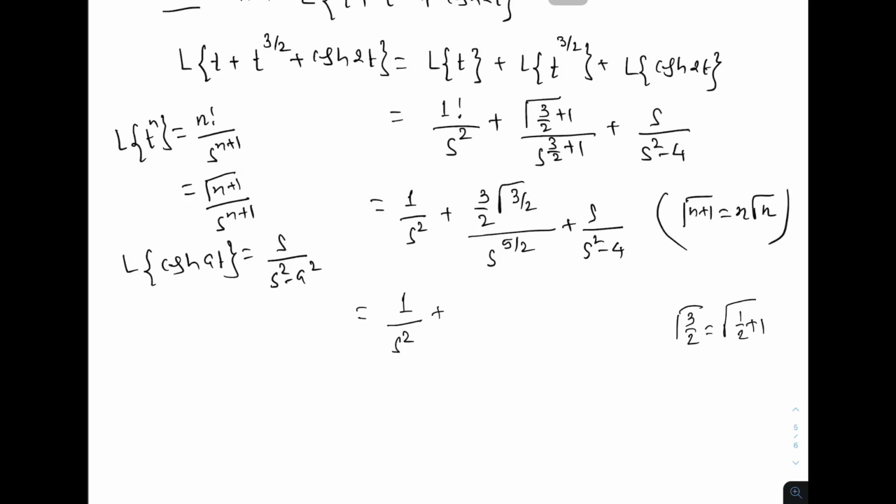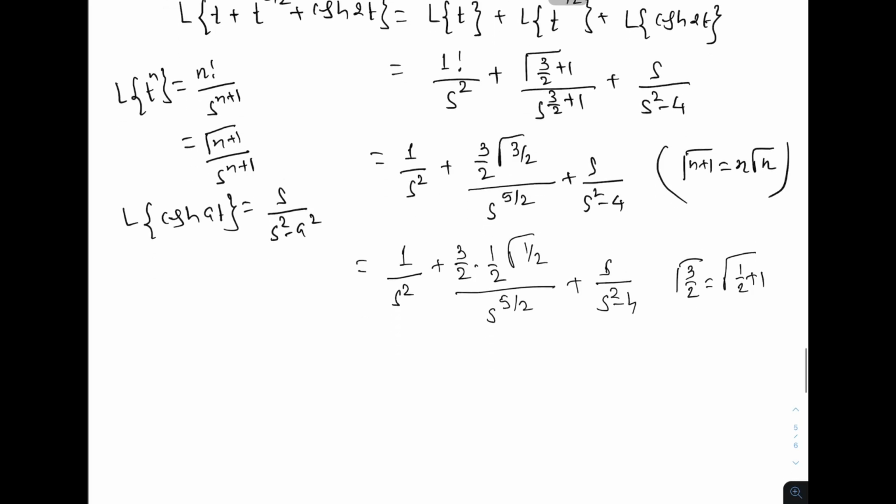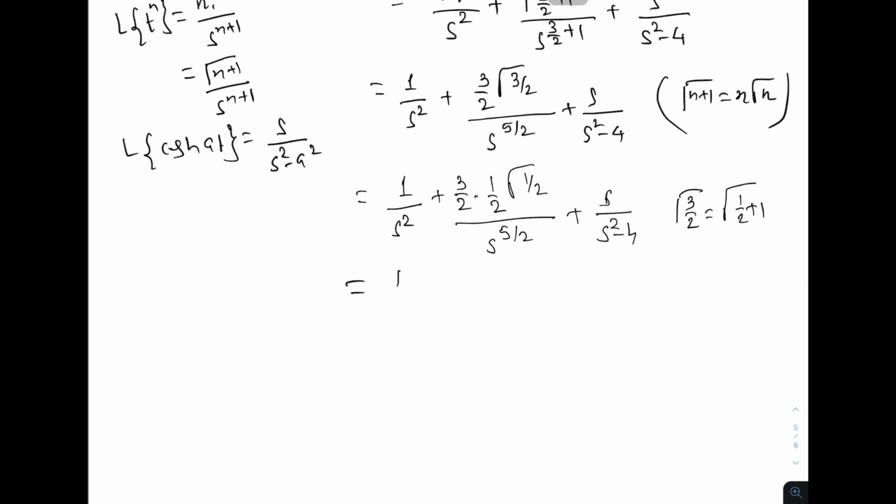So plus this is 3 by 2, again 1 by 2, gamma 1 by 2 over s power 5 by 2 plus s over s square minus 4. And so this is 1 over s square plus 3. Now gamma half is a standard formula, root pi.